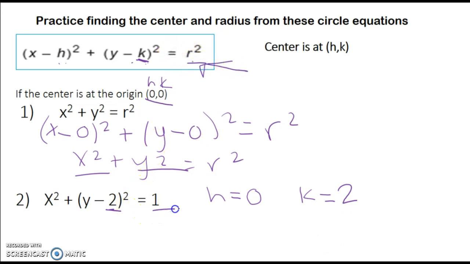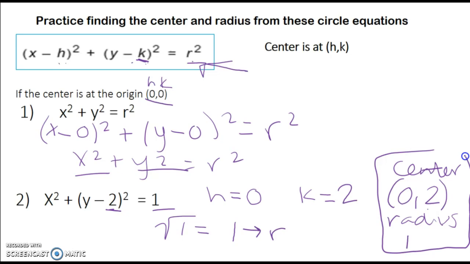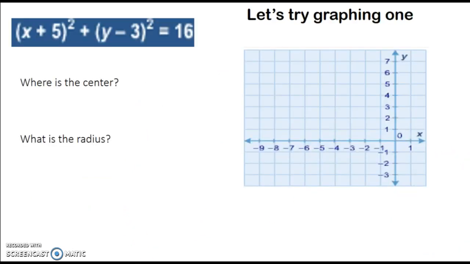Well, if it's equal to 1, we take the square root of that to find the radius. The square root of 1 is just 1. So 1 is the radius. That means the center (h, k) is at (0, 2), and the radius is 1. And that is what we can tell about this circle from its equation. So that's a pretty easy way to find the center and the radius.